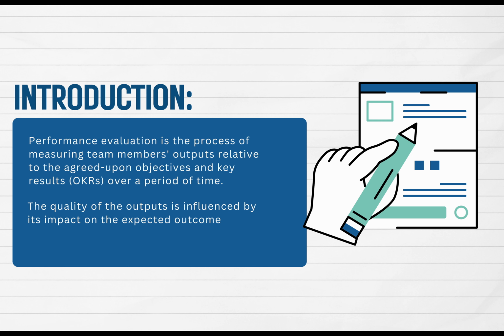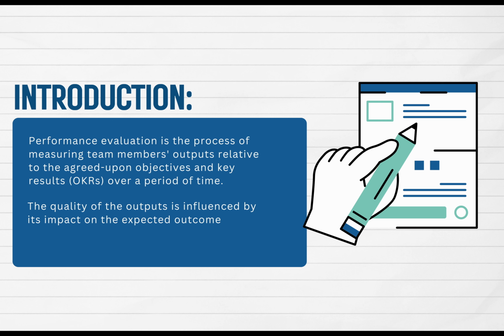Once an OKR has been assigned to everyone, right, then it becomes imperative that at the end of the period, we measure what is the output versus how it affects the expected outcome. So at the beginning of the period, we said we are going to gain 1 million new customers.